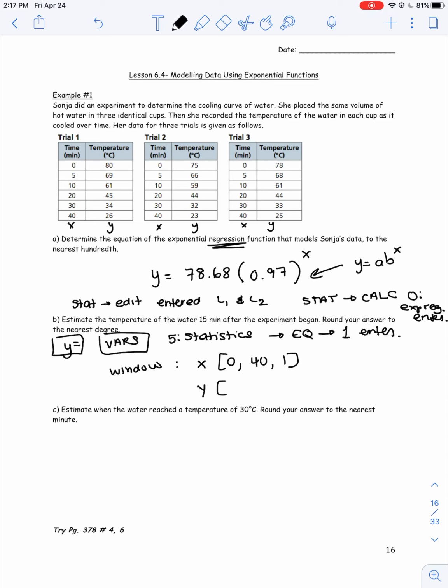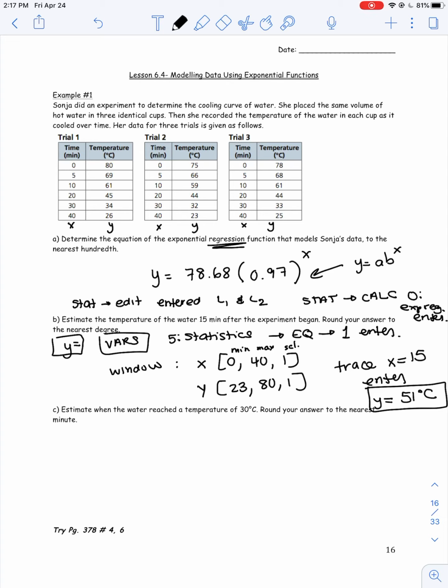And for Y, I chose to go from 23 up to 80, going up by 1. So this is your min, your max, and your scale. And then I pressed trace. I had x equal to 15, so I entered 15 and then I pressed enter, and I got that the answer for y, which is my temperature, is 51 degrees Celsius, and that's my answer.